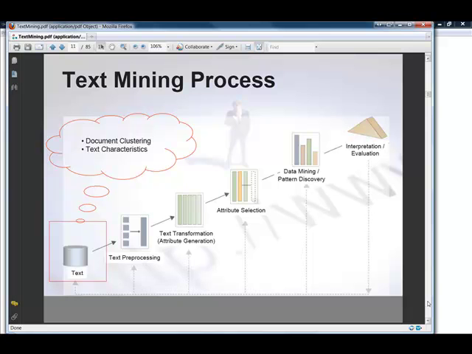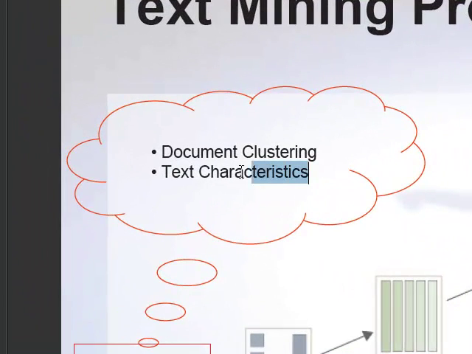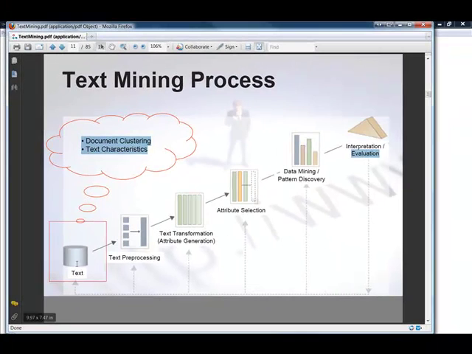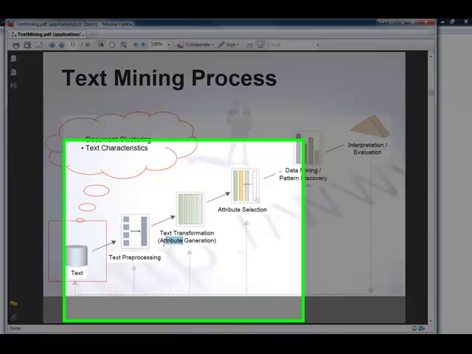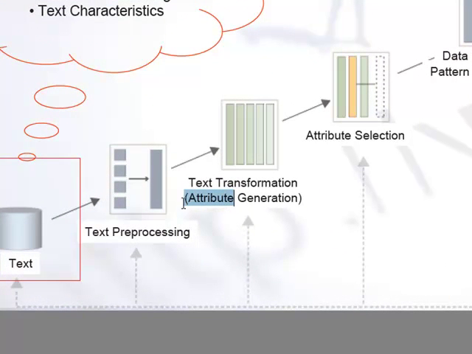So it says up there on the left, document clustering and text characteristics. So we have the text here, and then we're going to do text preprocessing here, and a text transformation called attribute generation. Remember, in this case, attributes just means variables, or at least that's the way I think of it.